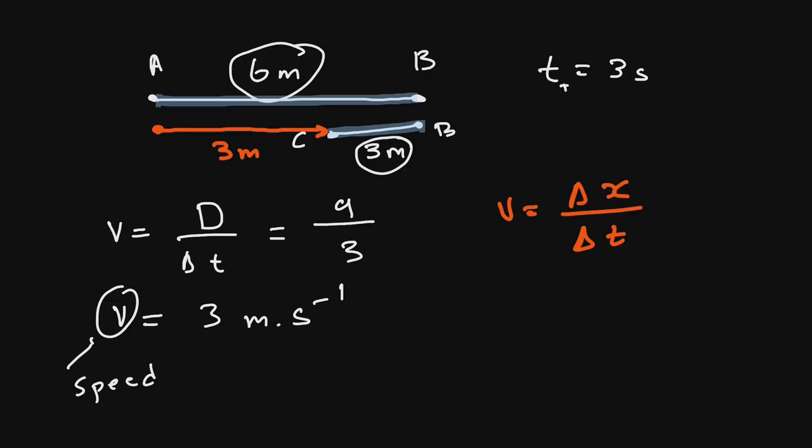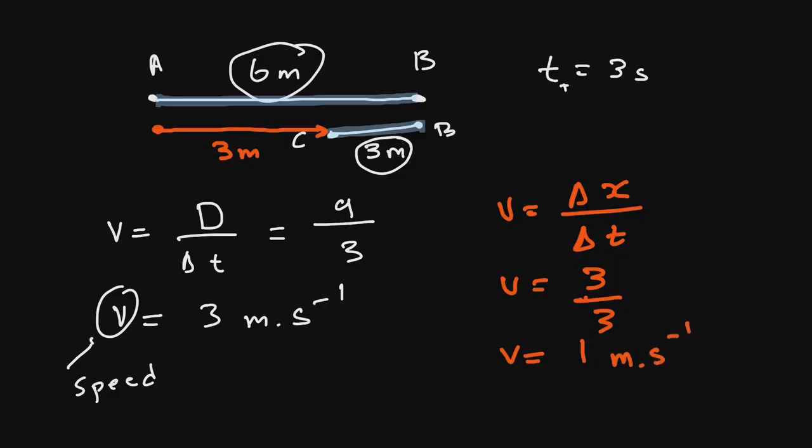So to calculate the velocity, we're going to use the displacement. What is going to be our total displacement? Our total displacement is just 3 meters. So we're going to say the velocity equals what? It is 3 meters. But we know the displacement is a vector quantity, so it is also going to the right. And the total time from A to C is still the same, which is 3 seconds. So the velocity in this case will be 1 meter per second.